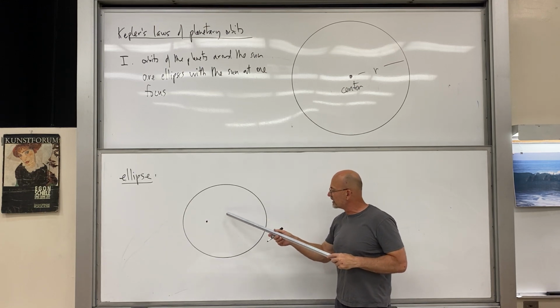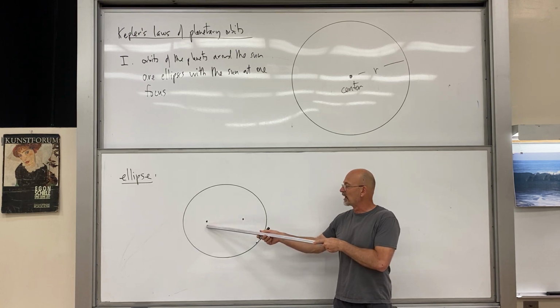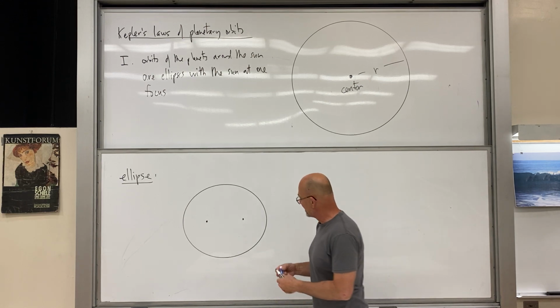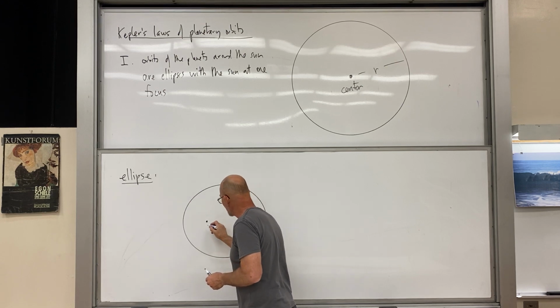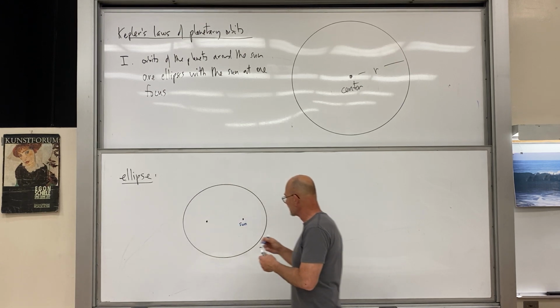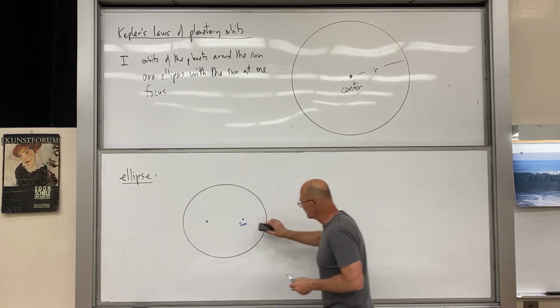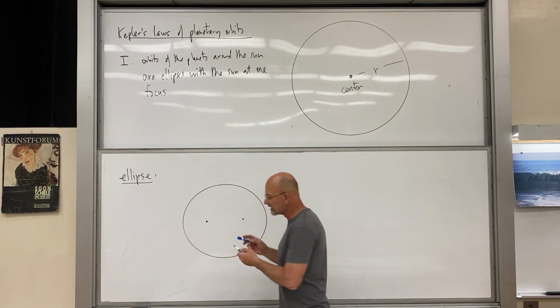In fact, in a different mathematical presentation, it won't even be present. So we'll go ahead and say the sun is right here, and there's nothing at that other one. We'll take that being the location of the sun. Let me write that a bit to the side. I'll label that in a moment.